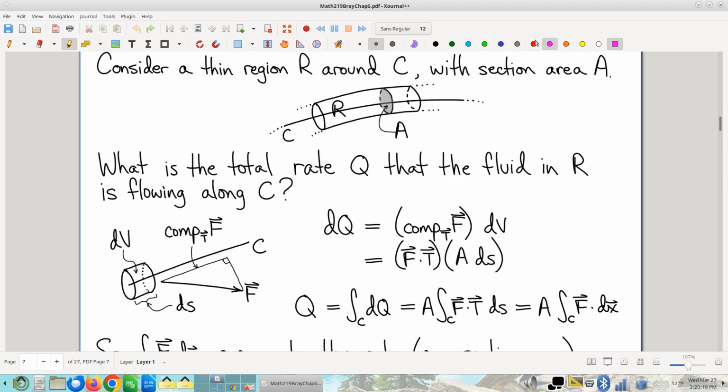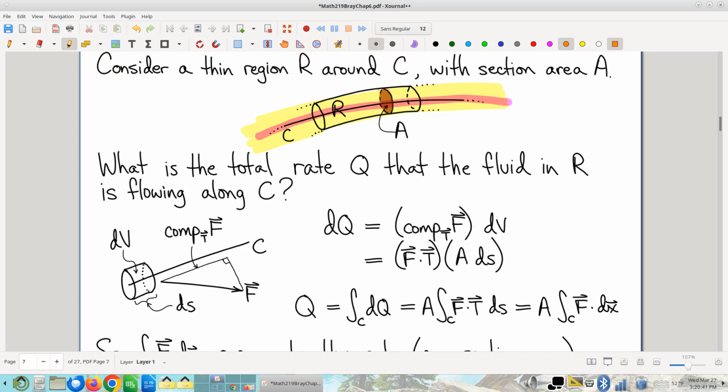Given a curve, we can talk about a neighborhood of that curve, namely all the region that's, you might say, no more than a certain distance away. In this case, I'm going to define it by imagining that you have a cross-sectional area that you're dragging along the curve.